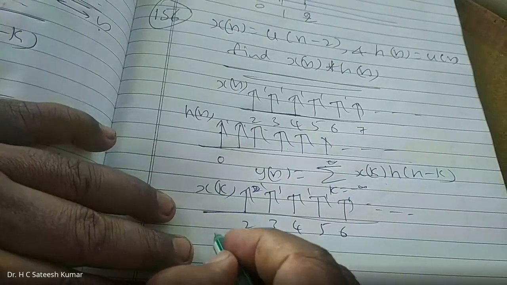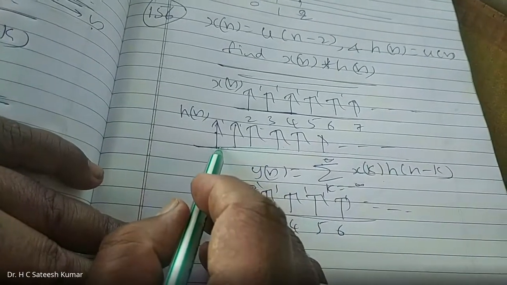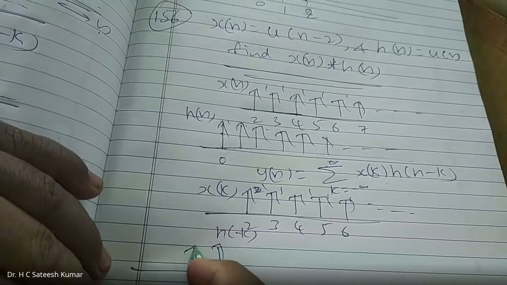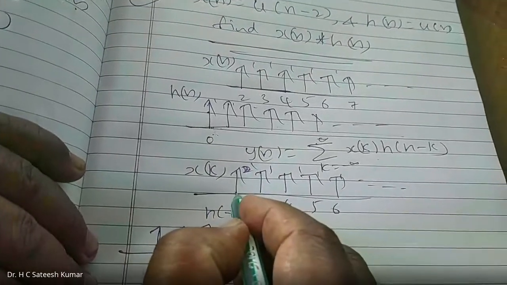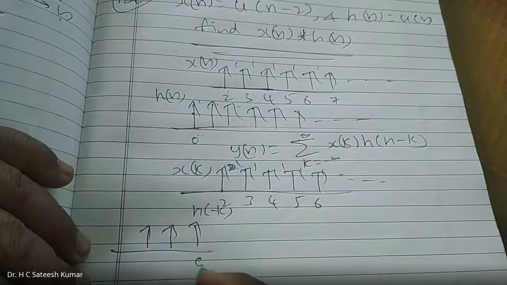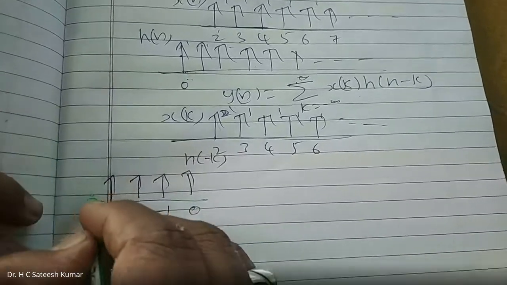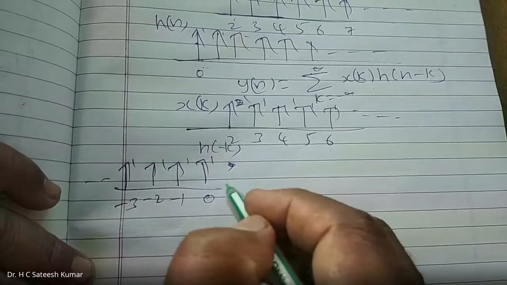H of minus k is from where to where? Fold the second one. Fold the second one means it starts from 0 and goes backwards, folding from the origin, 0. So 0, minus 1, minus 2, minus 3, and so on, with values 1, 1, 1. This is h of minus k.